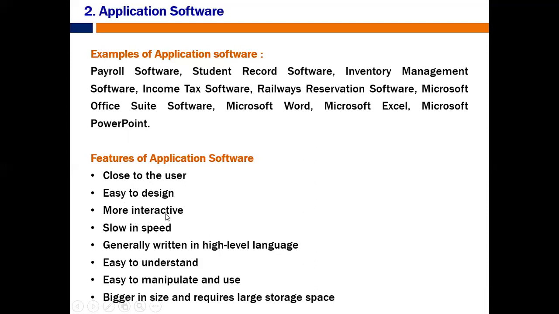You can just take an example of any Microsoft Office application, so you can understand these things very clearly. So more interactive, slow in speed, generally written in high level language, easy to understand, and easy to manipulate and use, but bigger in size and requires large storage space.